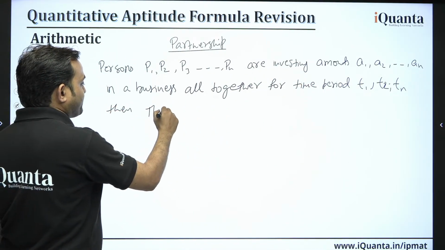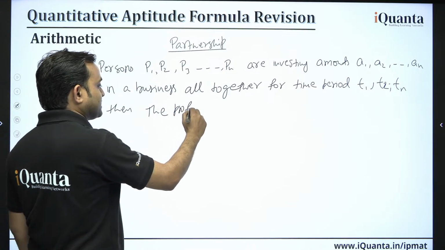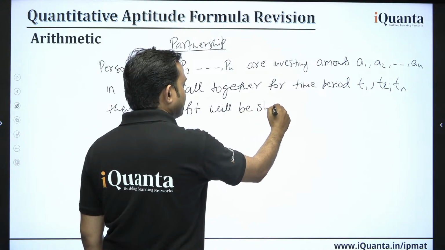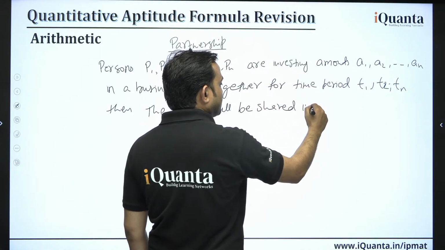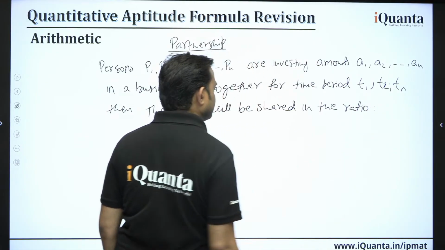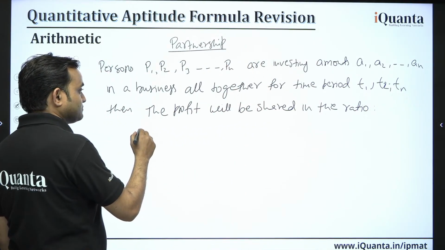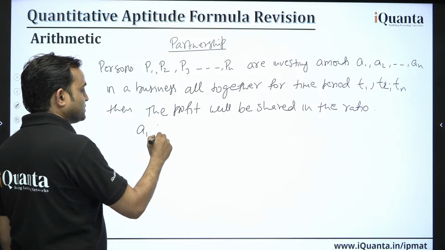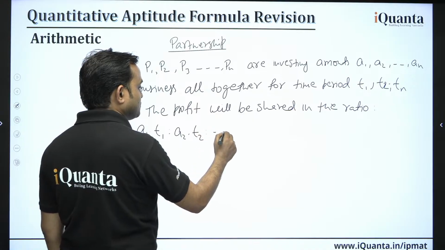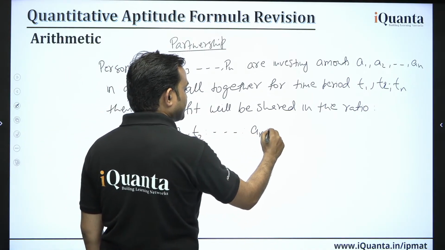the profit will be shared in the ratio. In what ratio will it be shared? It will be A1 into T1 is to A2 into T2 is to An into Tn.